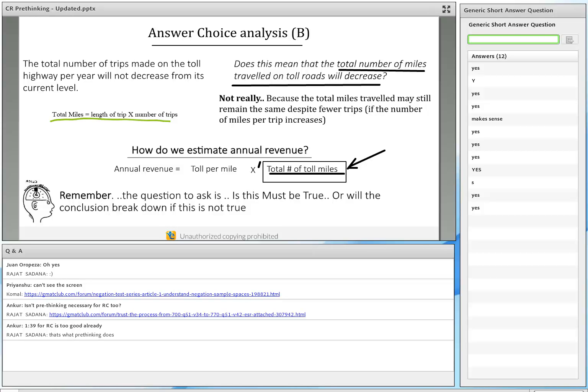And at that point in time, the one thing that you have to always believe in is trusting the test. The GMAT is such a beautifully designed test that it would not throw something at you that does not make sense. So if you've read the argument, if you've looked at the answer choices and things do not make sense to you, then the most likely reason is that you missed something while reading the argument.